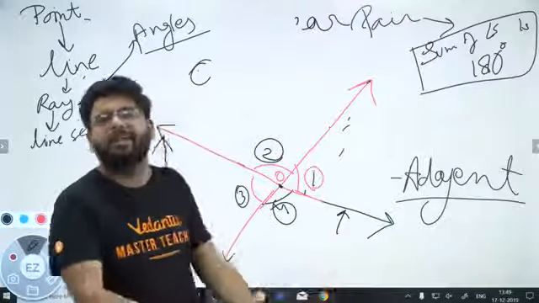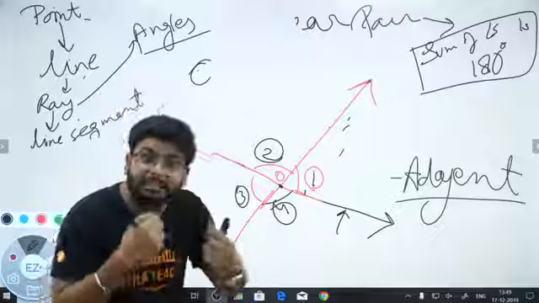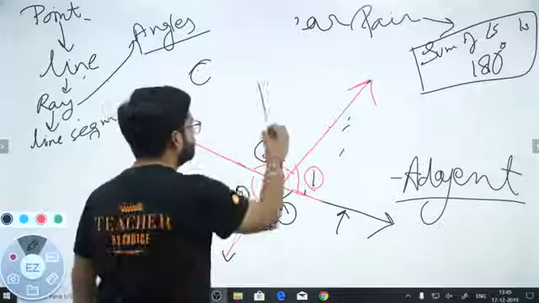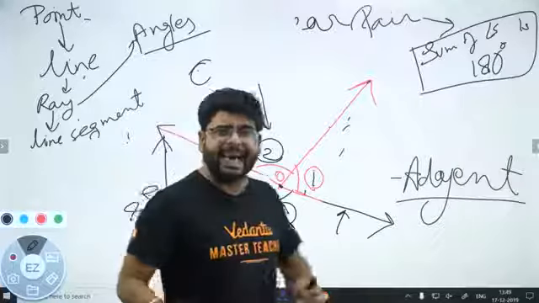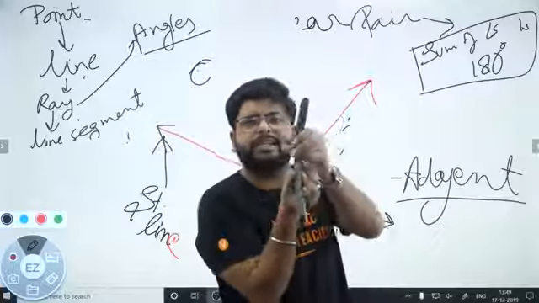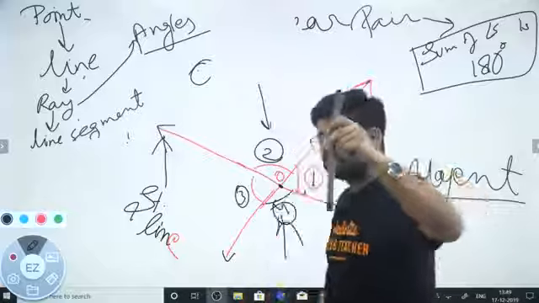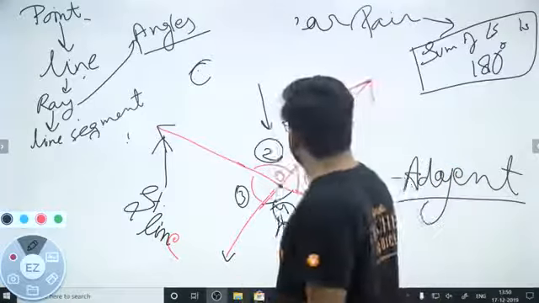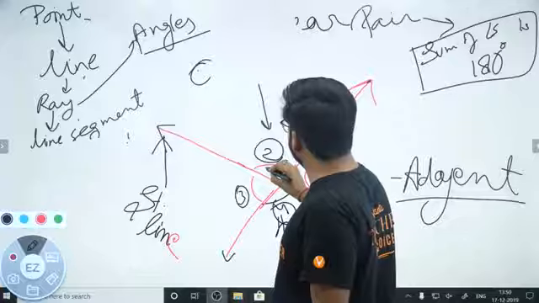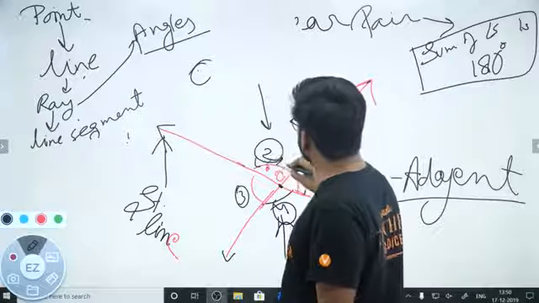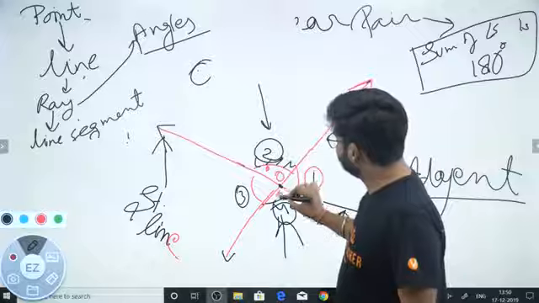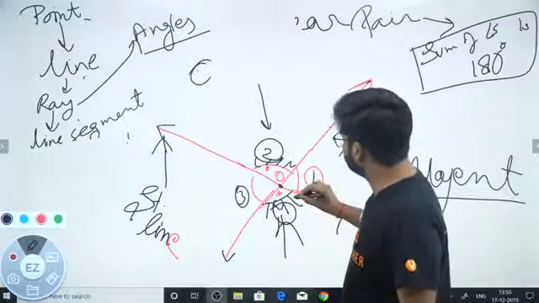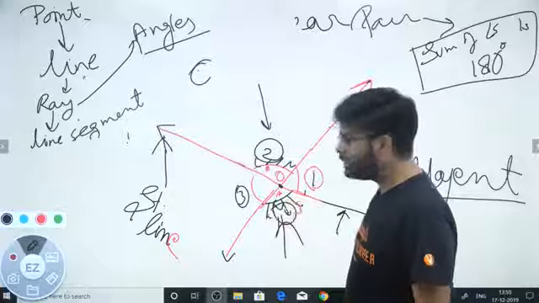अरे यार वो तो पहले भी बना रहे थे, right? But something special. This one and this one. These two angles, they are lying exactly opposite to each other. Exactly opposite to each other, like this one. If I just try to make an eye of this one, it will look in this direction. If I just try to make an eye of this one, so this angle will look into this direction like this, right?